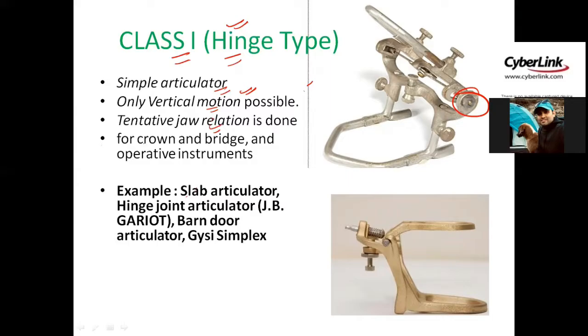This is mainly used for crown and bridge purposes and operative instruments. The examples are slab articulator, hinge articulator, barn door articulator, and Guy's simplex articulator. You must remember these examples. Sometimes you will get questions.